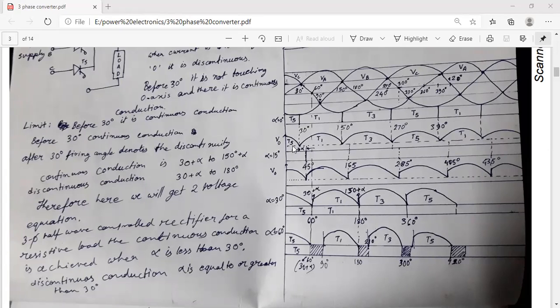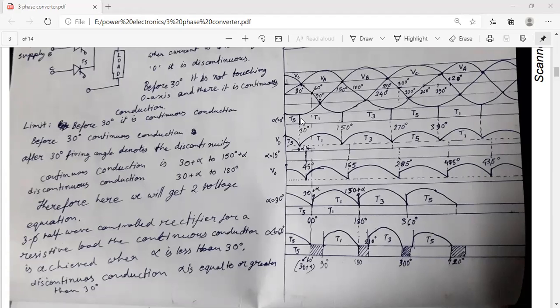That is when alpha is equal to 0 degree, you will get these types of conduction. But when alpha is equal to 15 degree, it will be shifted. This is the voltage diagram. This way it will be shifted.